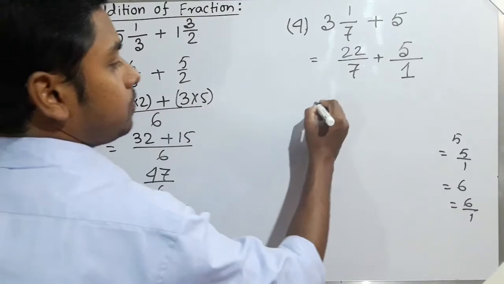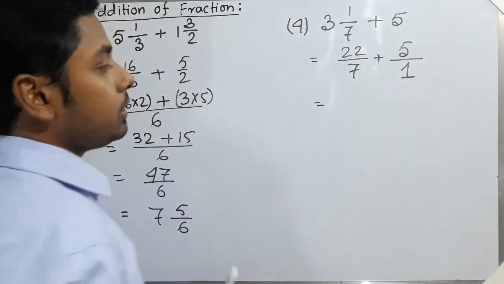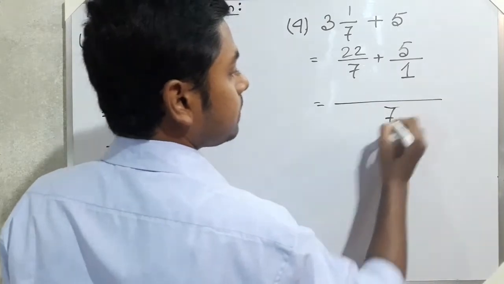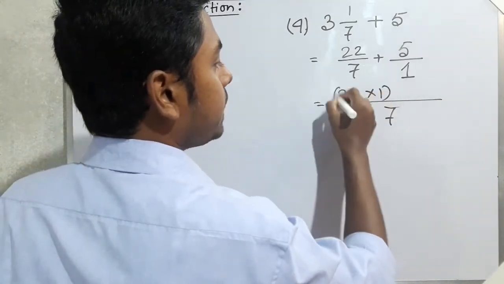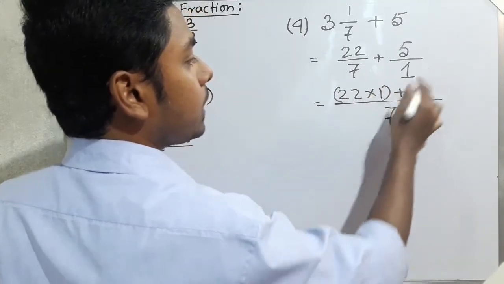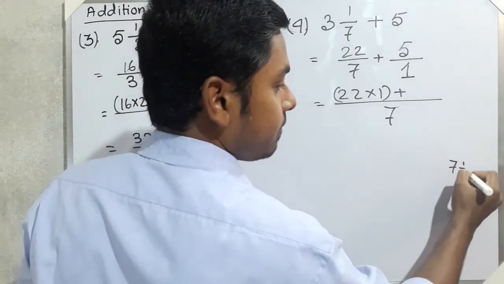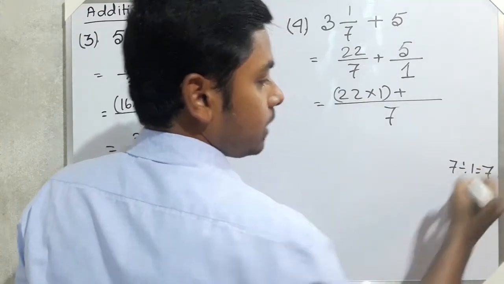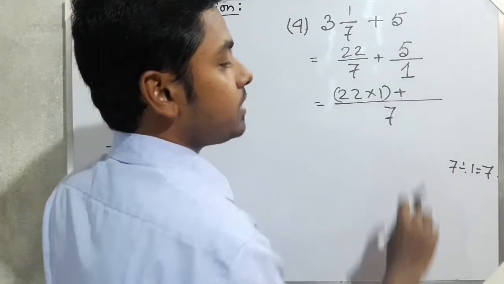Okay, so what is the LCM of 7 and 1? It's obviously 7. Now 7 ones are 7, so 22 into 1, and 7 divided by 1 equals what? 7.